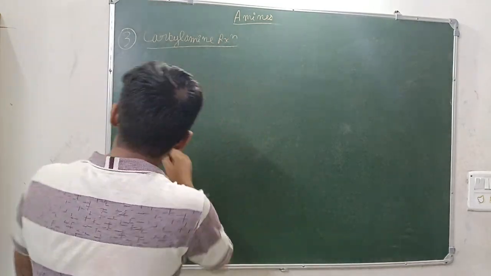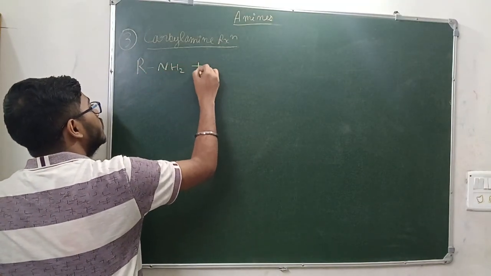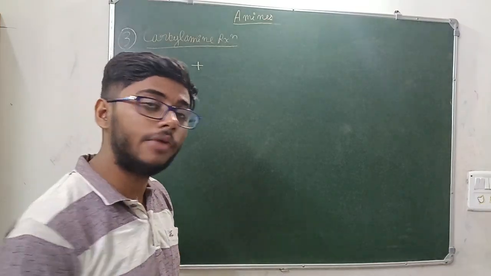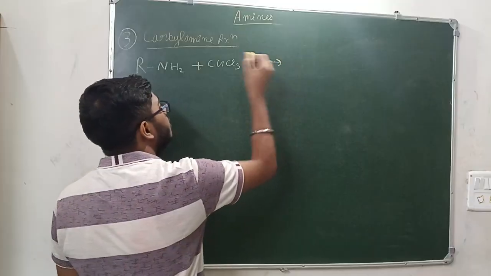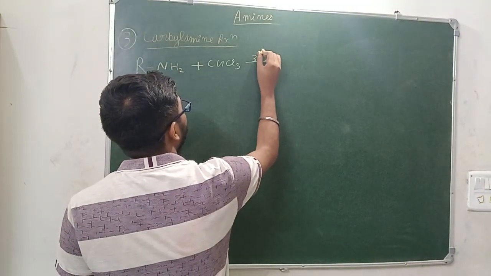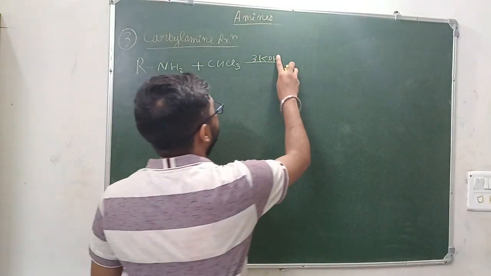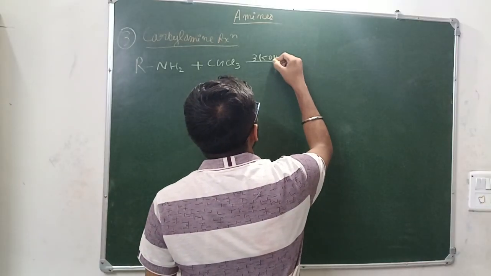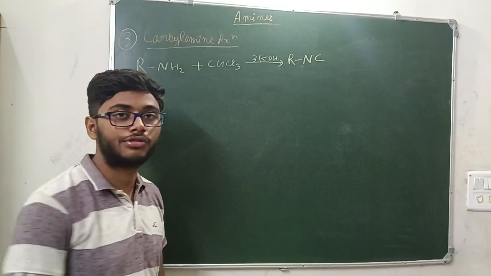It states that the reaction of 1 degree amine with chloroform and KOH, 3 moles of KOH. What does this make? This makes a very foul smelling compound, isocyanide.